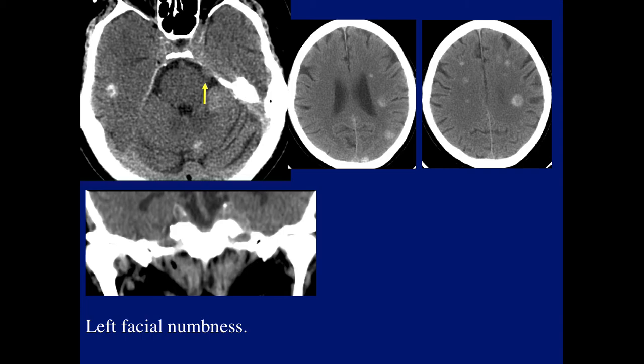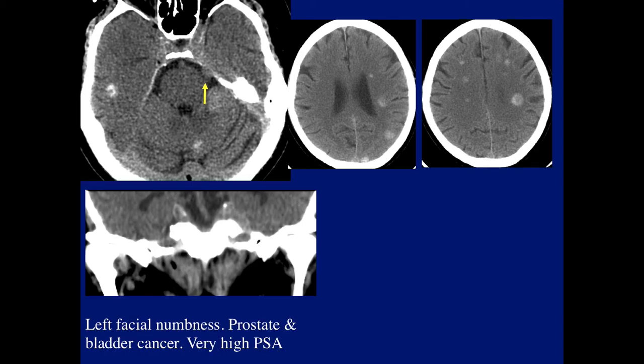Then they wouldn't have sent it to me. Very good. Matthew came up with the right answer. This was prostate. The patient had a very high PSA titer. He also had bladder cancer, but because of the very high PSA titer, these were prostatic mets. Most of the time we see metastatic disease involving the dura or the meninges just below the dura, but this is an unusual case for that disease.